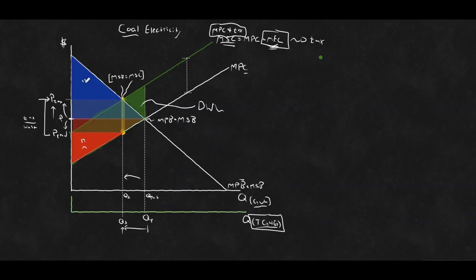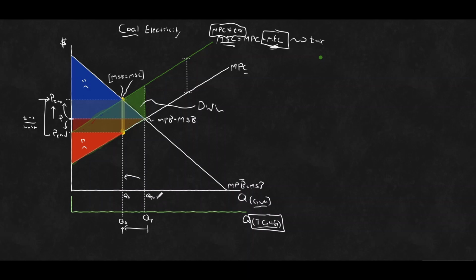They're now getting this smaller area as consumer surplus. So they're much less happy as well. So consumers lose, producers lose. They're not happy in this scenario at all because this has just been a loss for them.